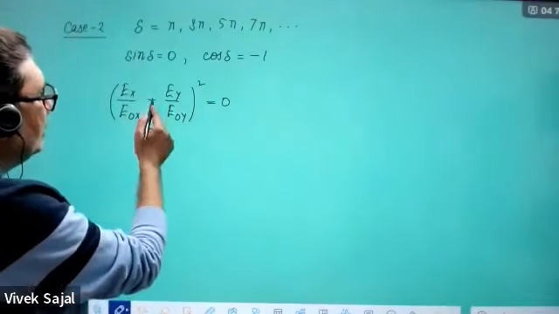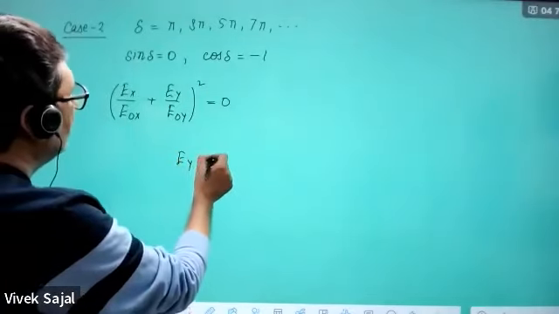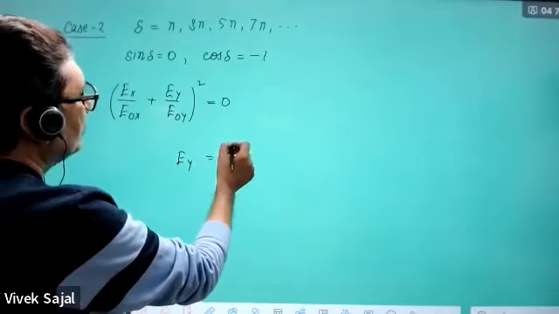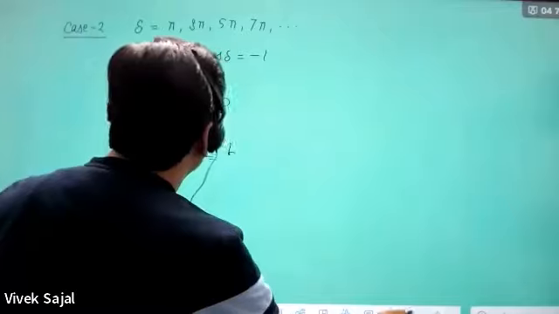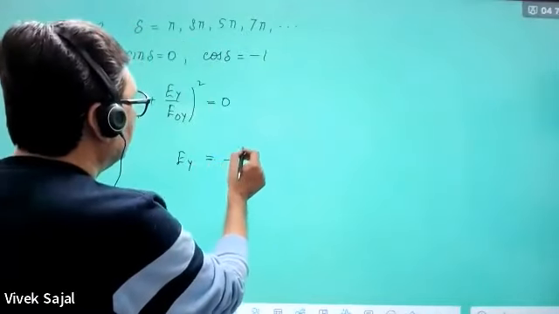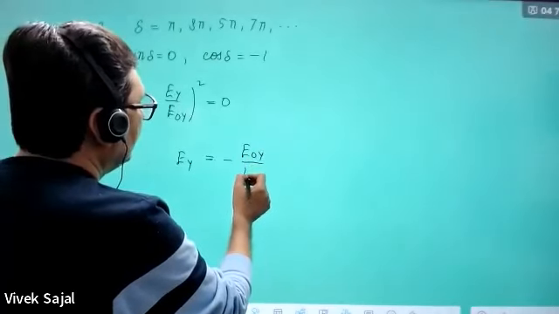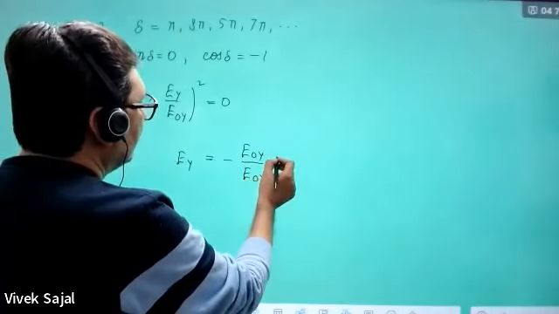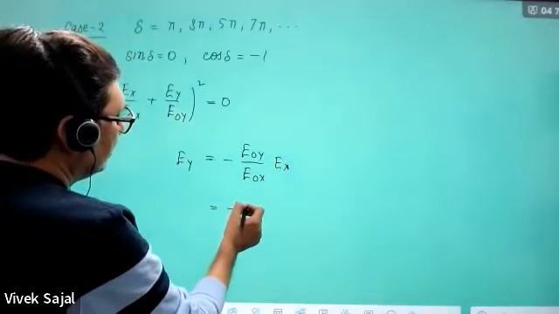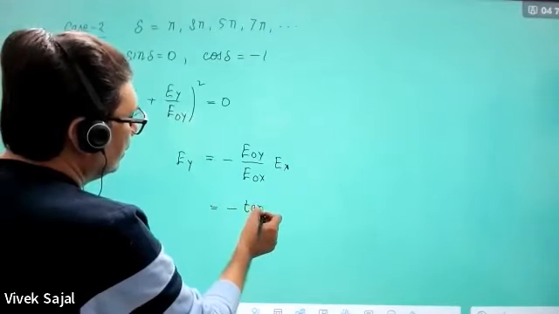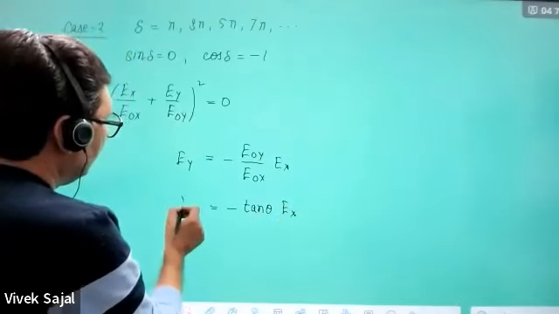So what you are getting here, Ey is equal to minus E naught y divided by E naught x, and this is Ex, that is minus tan theta times Ex.